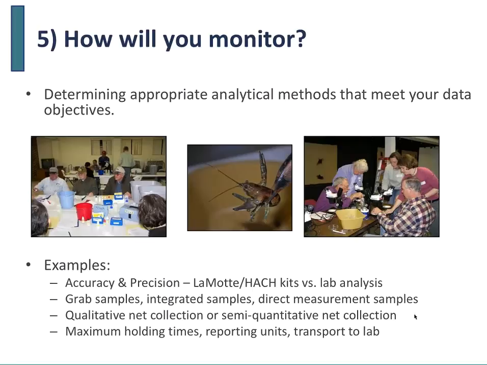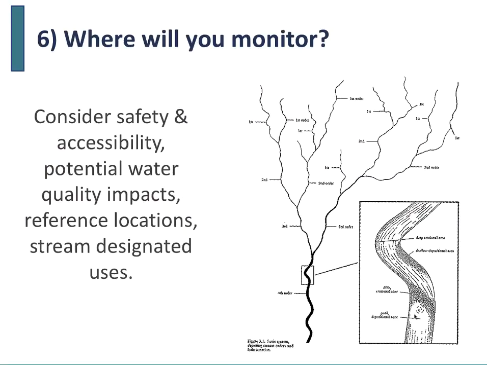Other things you think about in your methodology are, are these grab samples, integrated samples, direct measurement samples, and how are you doing your net collection? And another thing that we populate in the study design is looking at your holding times, reporting units, and things like that. From there, we go to where will you monitor. Depending on the question, this will inform the location of monitoring sites.